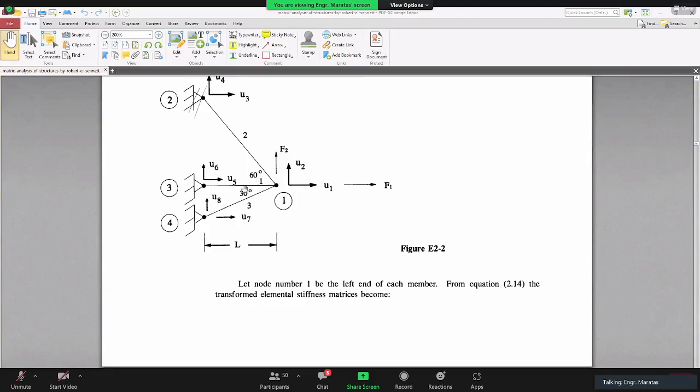Cosine of 60 degrees equals L over the length here, so we simply divide L by cosine of 60 degrees. Also for this one, you can use the cosine function: cosine of 30 equals L over the length of member 3, so member 3 is L over the cosine of 30 degrees.